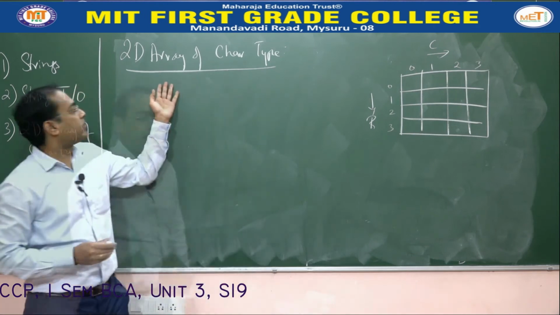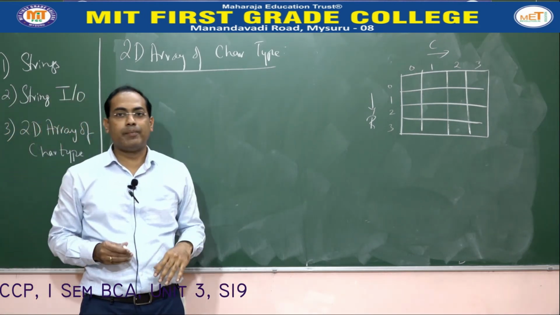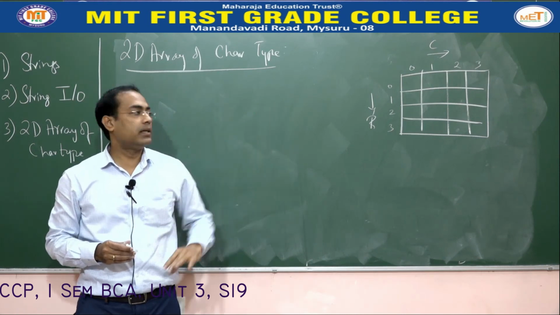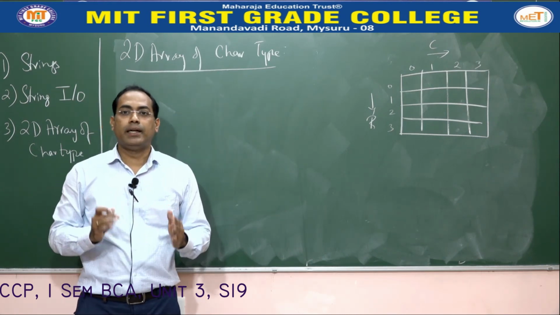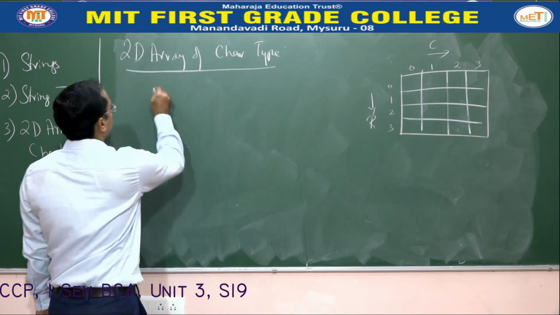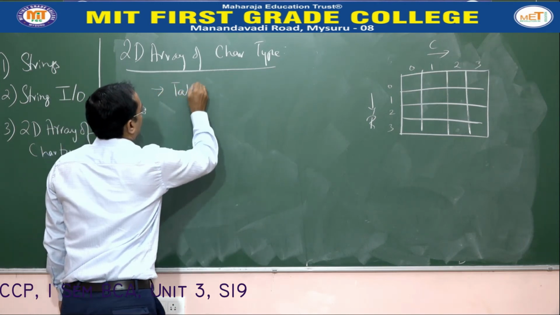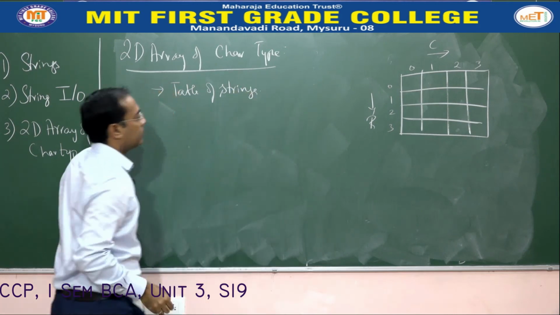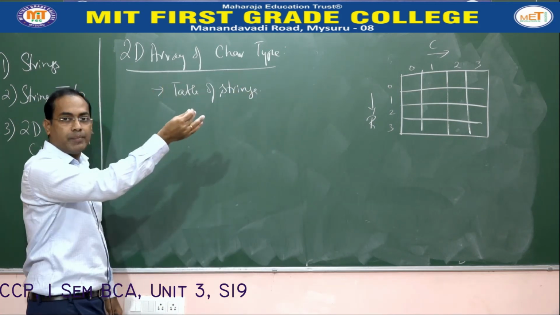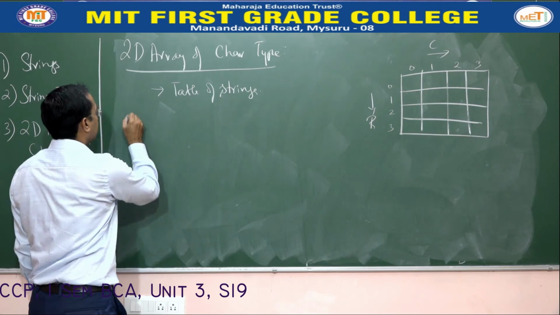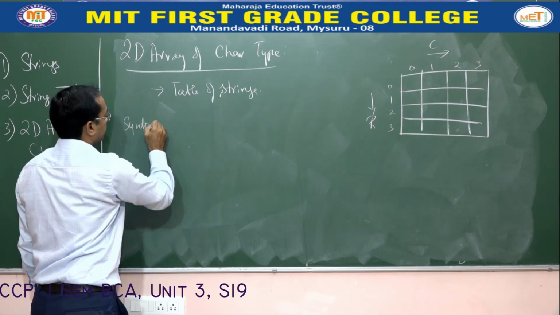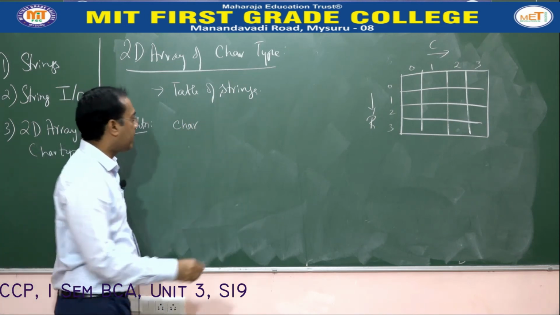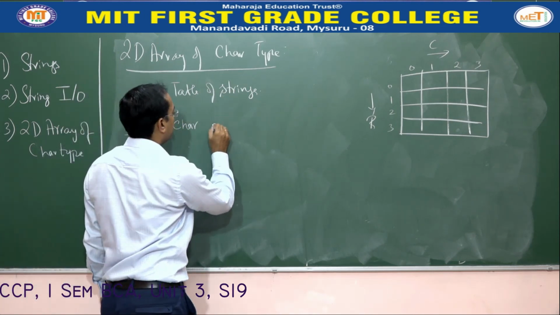In the case of 2D array of character type, this representation has strings within it, which means that it is a table of strings. So 2D array of character type is nothing but a table of strings. We will see the syntax. Obviously we use the same variable. It is also a derived data type.